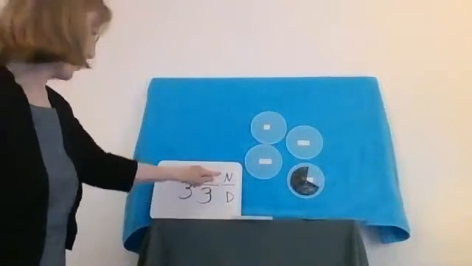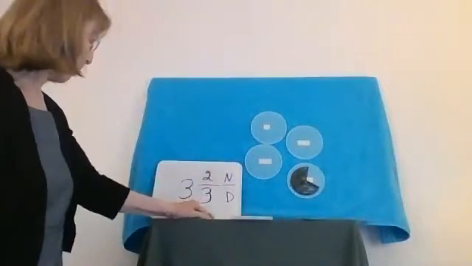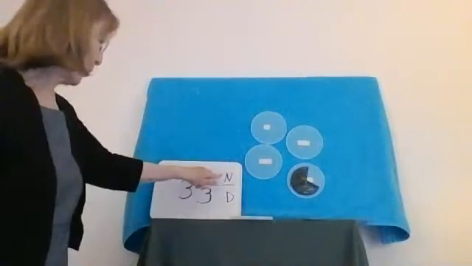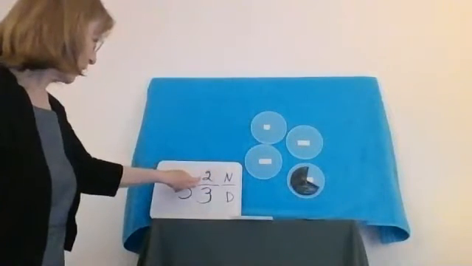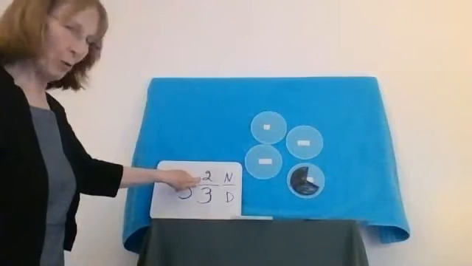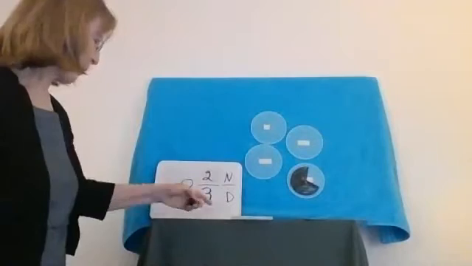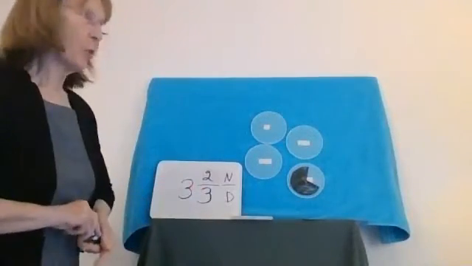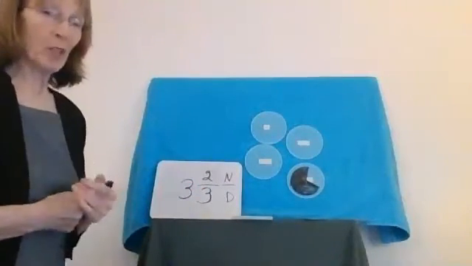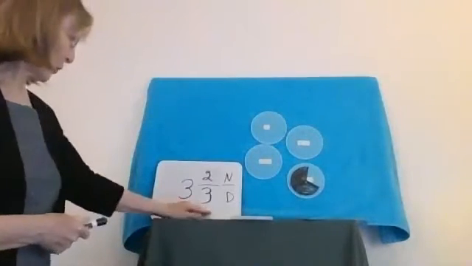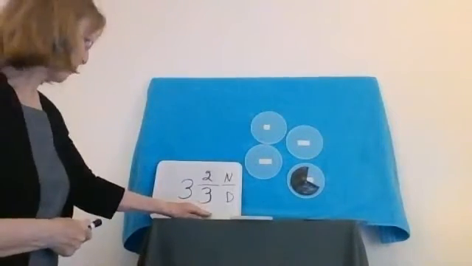They're my initials. This is my first name. This is my last name. So, numerator is the 2. Denominator is the 3. If you forget this, it's okay. But you will be taught this again. So some of you remember that will be a good thing for you.